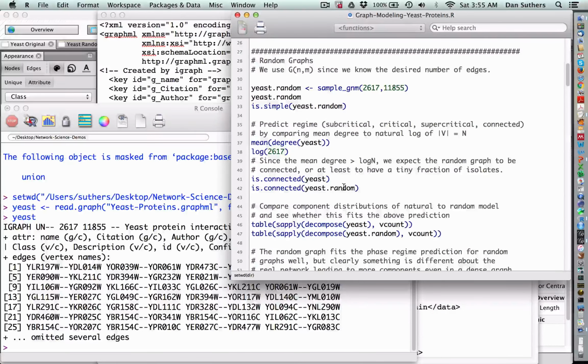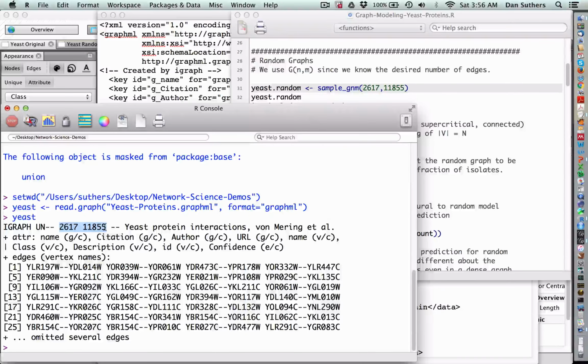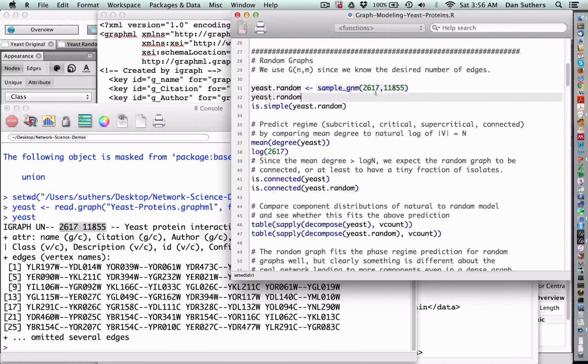First of all, we're going to look at random graphs. We can generate random graphs given the number of vertices and the probability of edges forming between pairs of vertices. But in our case, we're going to use the number of edges since we know the number of edges. And we just saw here that we've got this number of vertices and edges. So we're going to sample from GNM.